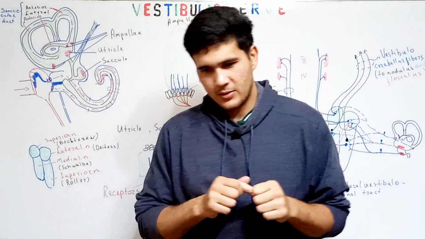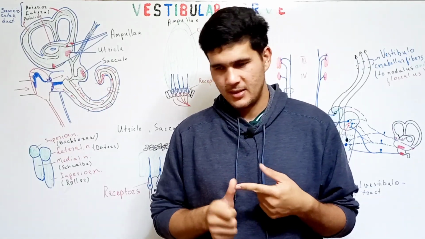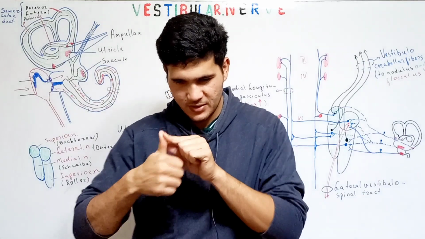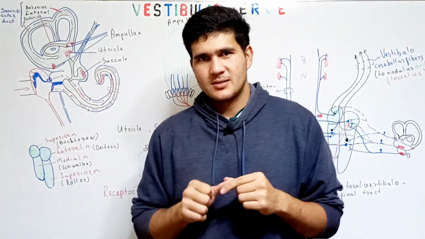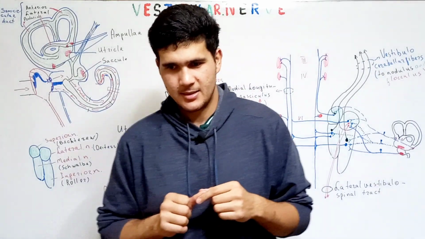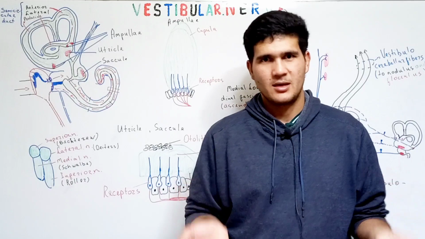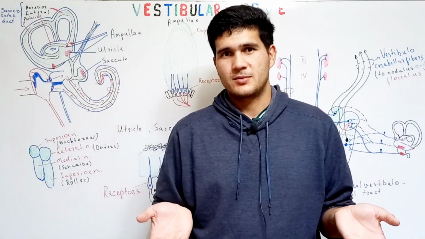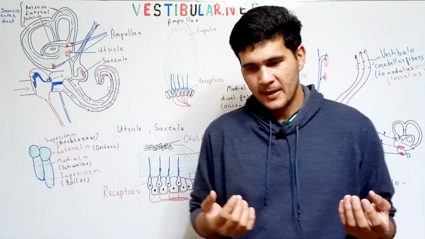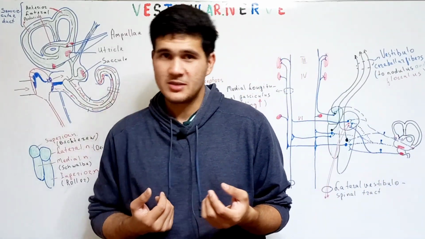First of all, I should note that we have some pathological conditions. The first one is oscillopsia. Oscillopsia is a movement of the objects in front of the eye, and that's an illusion, not real. Okay, and our next topic is motion sickness.